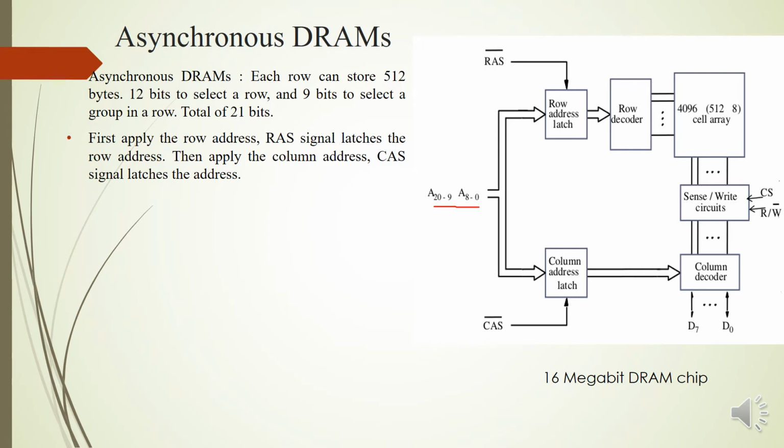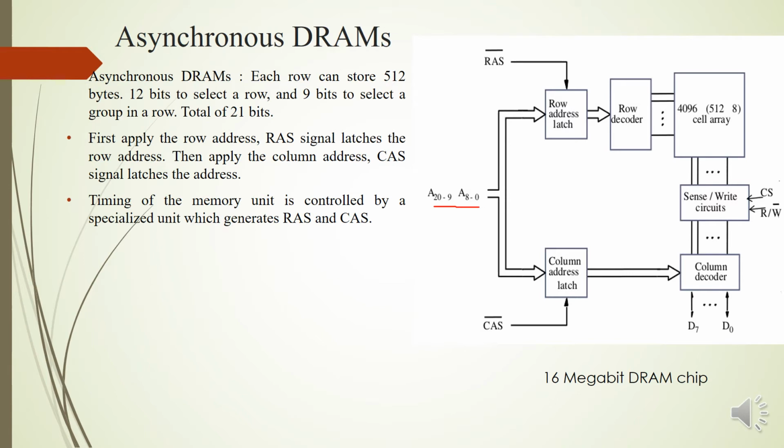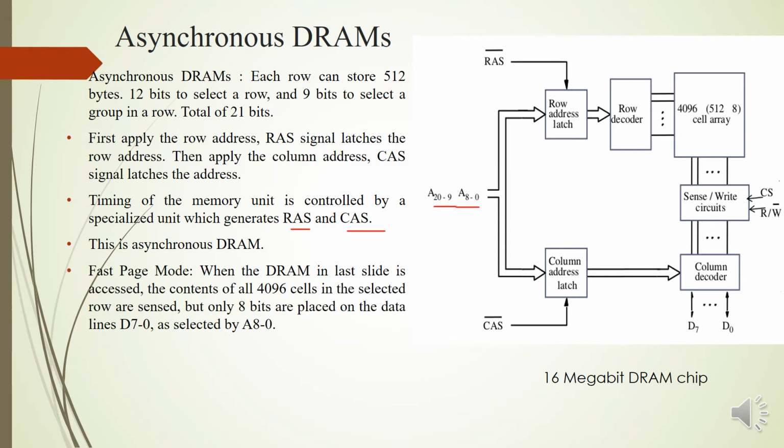First, apply the row address, then the RAS signal latches the row address. Then apply the column address, and CAS will latch the column address. The timing of the memory unit is controlled by a specialized unit called the control unit, which generates the RAS and CAS signals. This is an asynchronous DRAM.